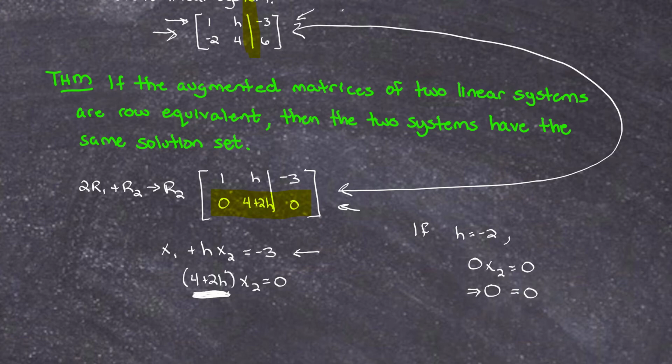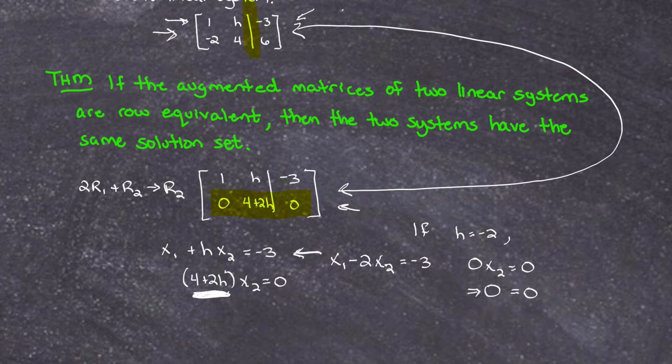And in fact, if you go up to the first equation right here, and remember h is negative 2, we get minus 2x2 will equal a negative 3.